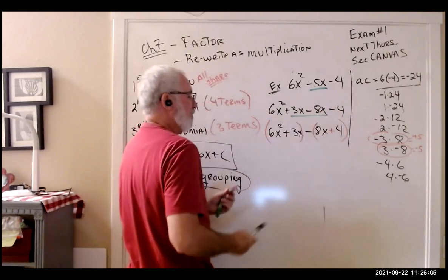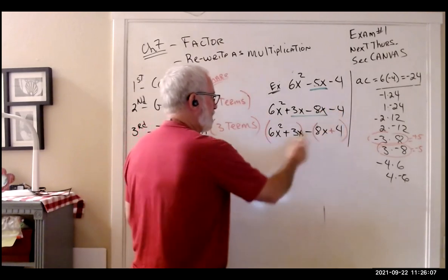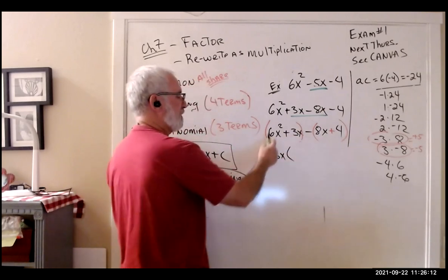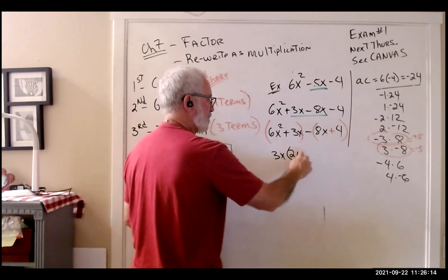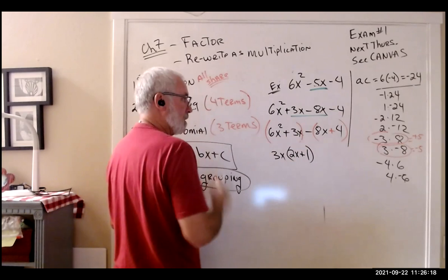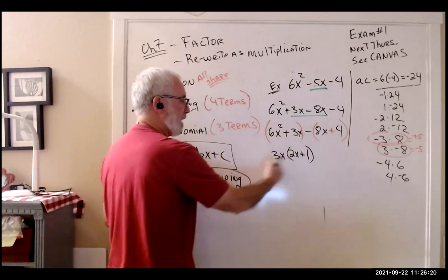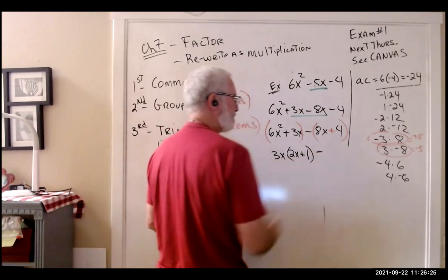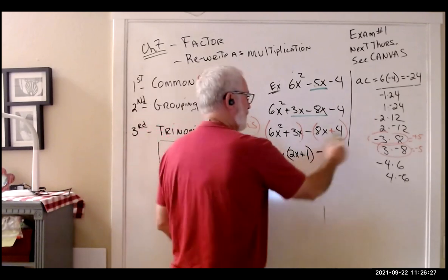All right, factor out what they have in common. These two have a 3 and an x. So if I divide it, I get 2x plus 1. There's that old 1 again. Remember, when you factor the whole thing out, it leaves behind a 1. Minus, okay, what do these two have in common?